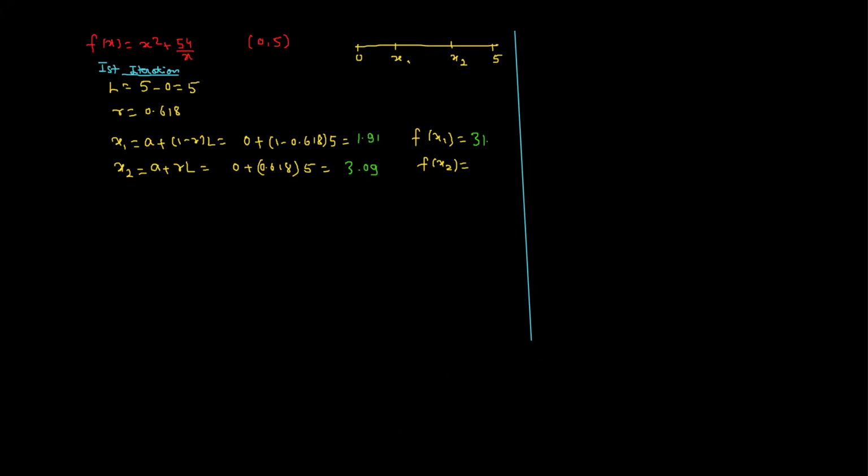Now see what is the value at 1.91. 3.0. I am getting 31.92, this is 54.